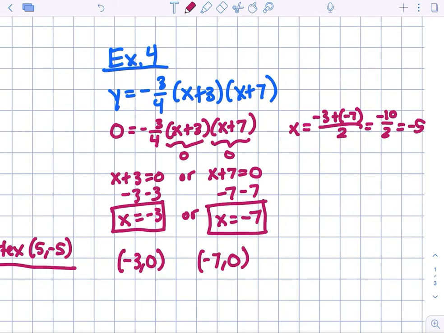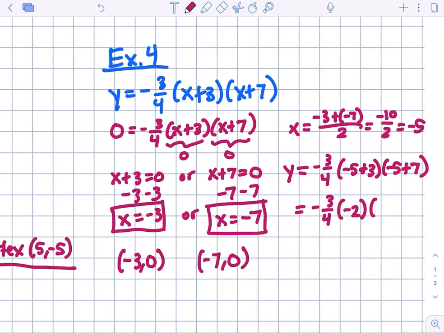Step 3, plug this into the original in order to find your y coordinate. So y is equal to negative 3/4, (negative 5 plus 3), (negative 5 plus 7), because we're substituting this into both x's, right? This is going to equal negative 3/4, negative 2, and 2, which is equal to negative 3/4 and negative 4.